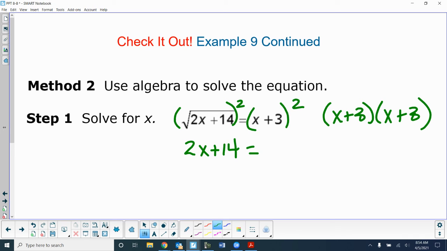All right, so what's first? X squared. What's outside? 3x. What's inside? 3x. What's last? 9. Okay? So we got that x squared, so we're going to have to set it equal to 0, right? So I'm going to subtract 2x and the 14.